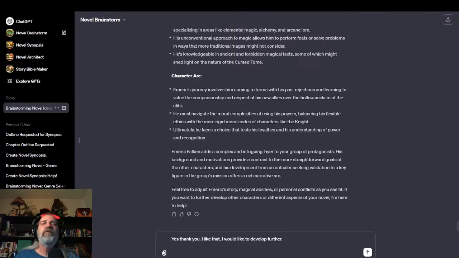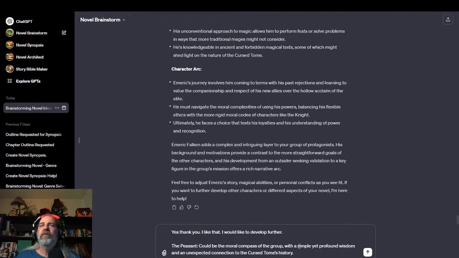Oh yeah, we were wanting to take that could be the moral compass of the group, and just make that has a simple yet profound wisdom, an unexpected connection to the Cursed Tome's history. I definitely like the folklore.